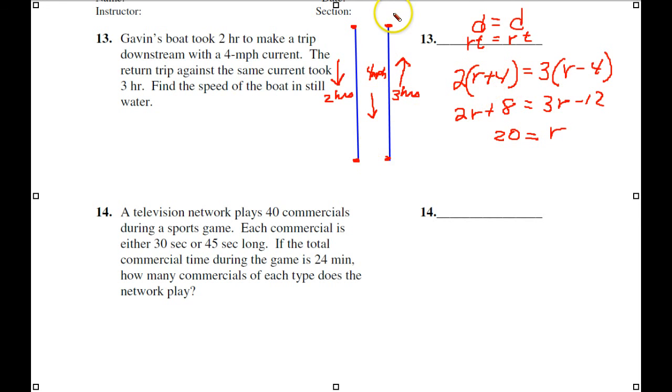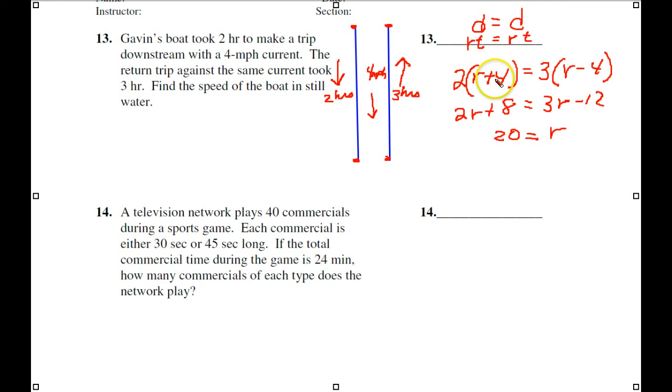Now going upstream, it has its same rate in still water, but now the current is going against it. So its rate going upstream will be R, the rate of the boat in still water, minus the speed of the current, which is 4. Again, in this case we're subtracting, but that's in parentheses.